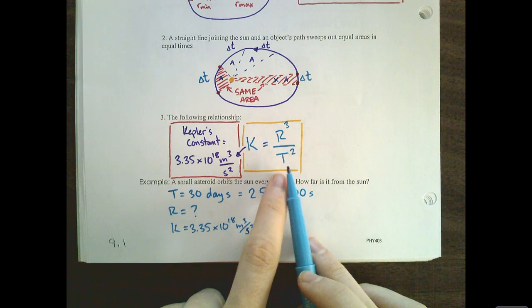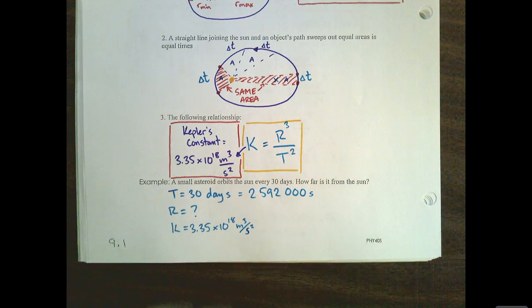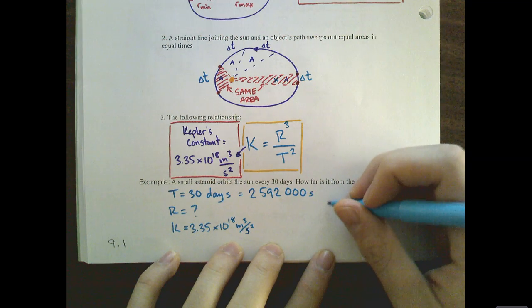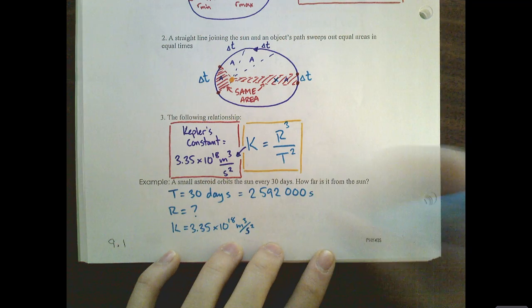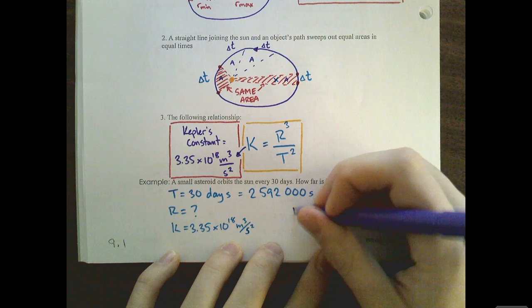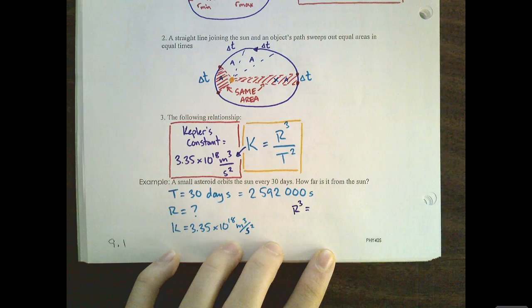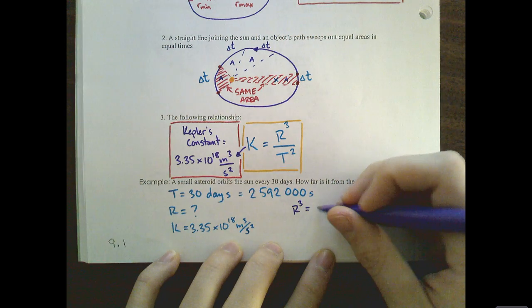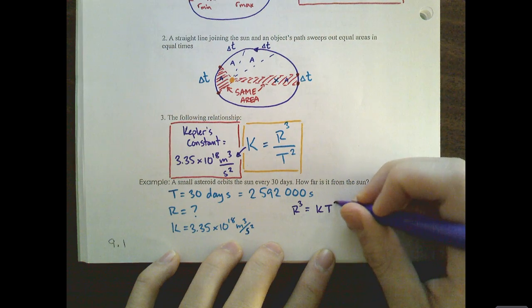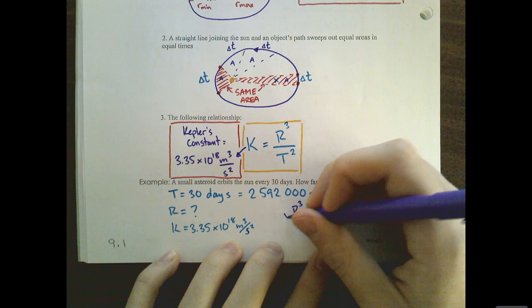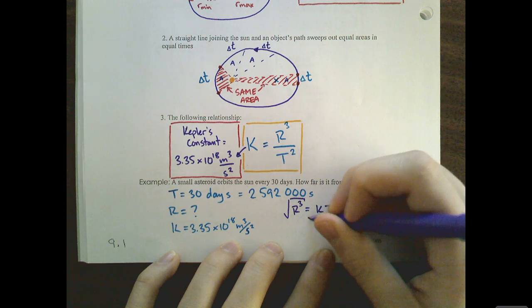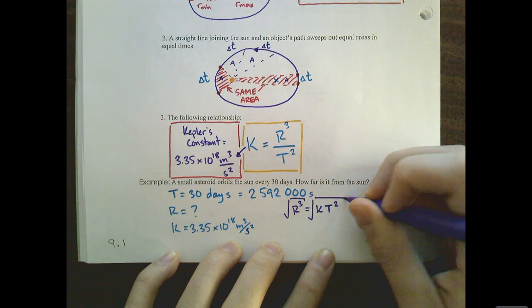So I need to multiply by T squared on both sides. My formula that I should get is R cubed equals K times T squared. So in order to cancel out a cube, we have to take the cube root.